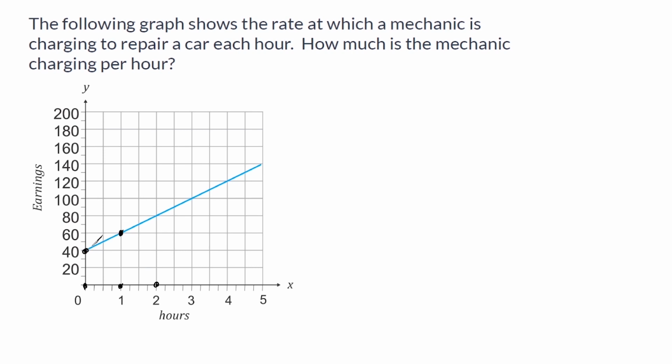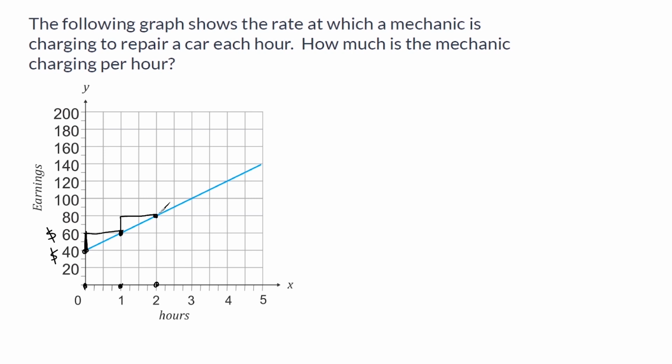Now, over the course of that hour, we started at $40 and we went up to $60. So we would say that the mechanic earned $20 over that hour. Now, from hour 1 to hour 2, we also go up $20, from 60 to 80.